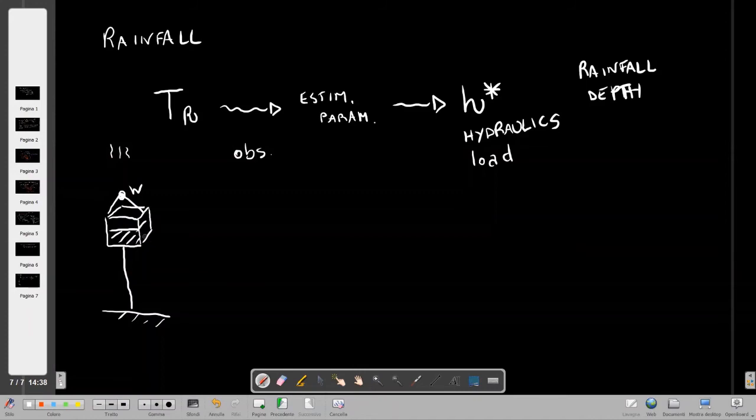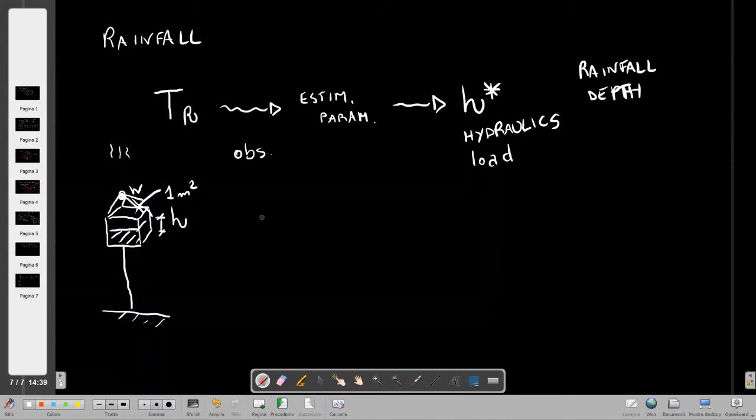of this box, we can define a kind of rainfall depth per unit area. So if this one is 1 square meter, the rainfall depth is the depth of the water volume that fills a box with a unit square area.